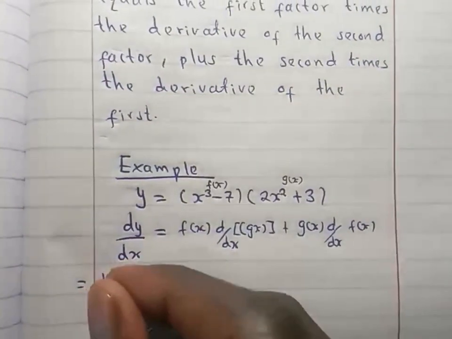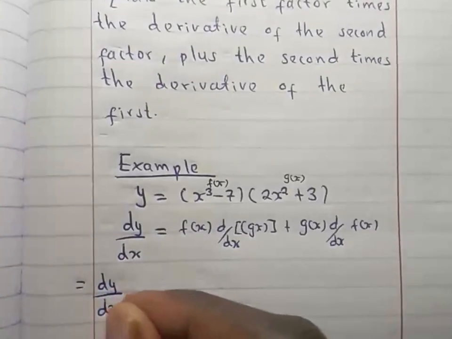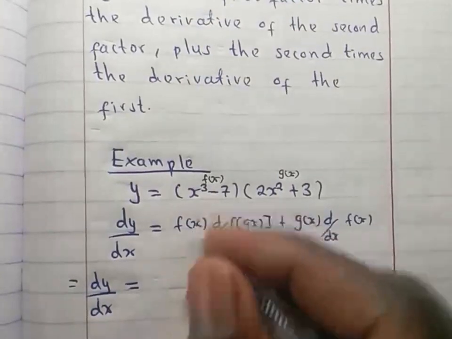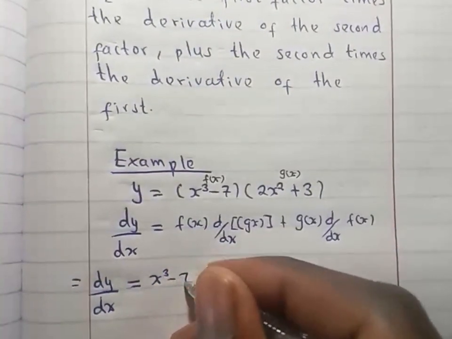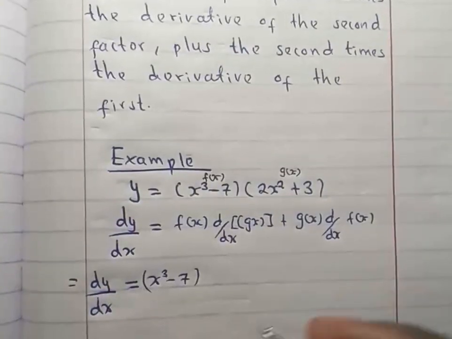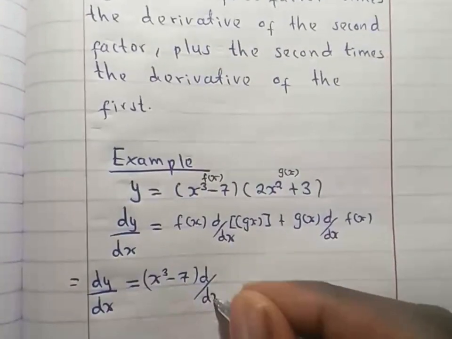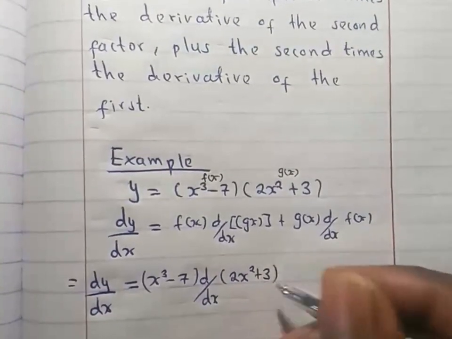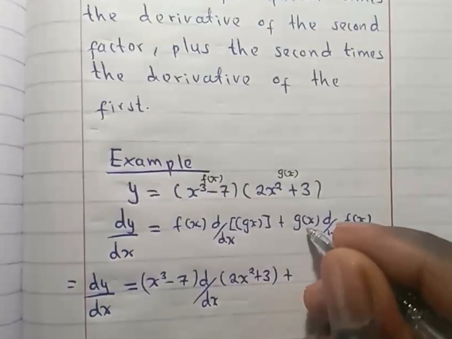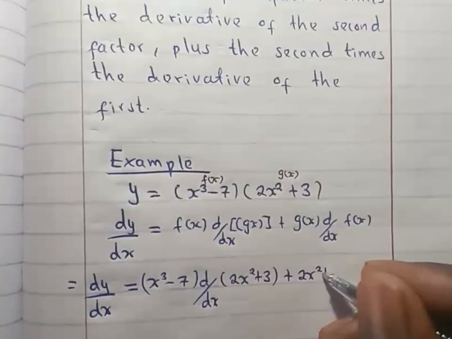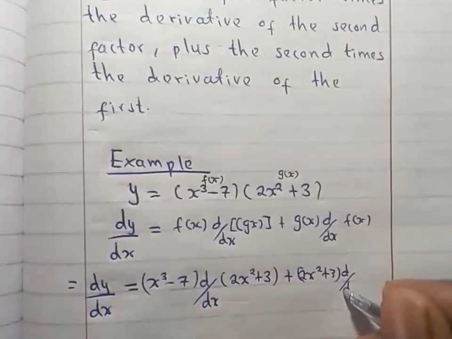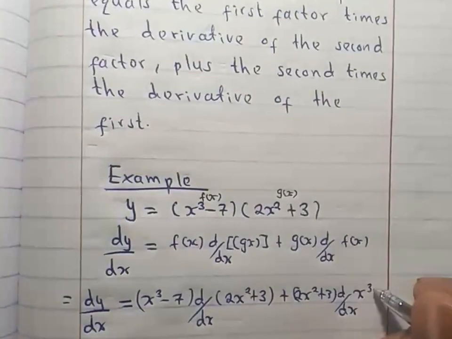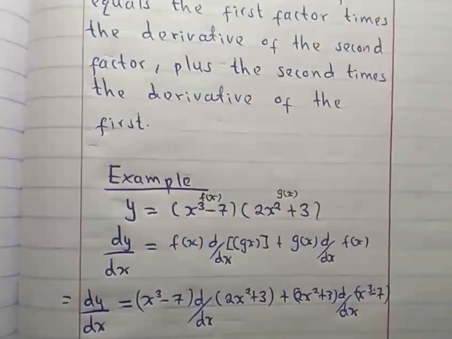Now, dy/dx here is going to be: f of x is x cubed minus 7, times d/dx of g of x, 2x squared plus 3, plus g of x, which is 2x squared plus 3, times d/dx of f of x, which is x cubed minus 7.